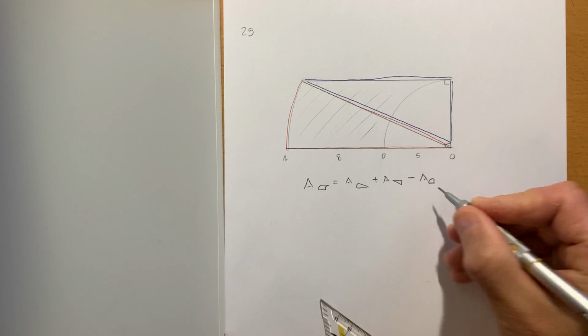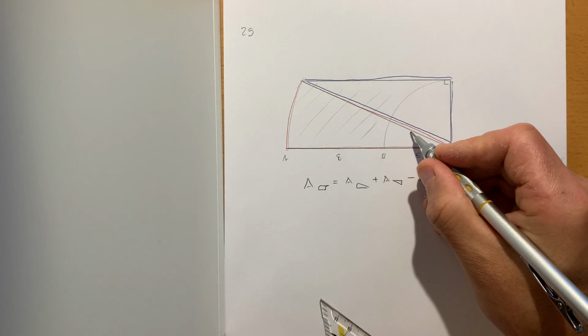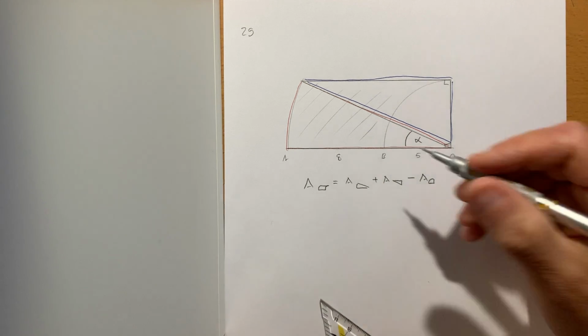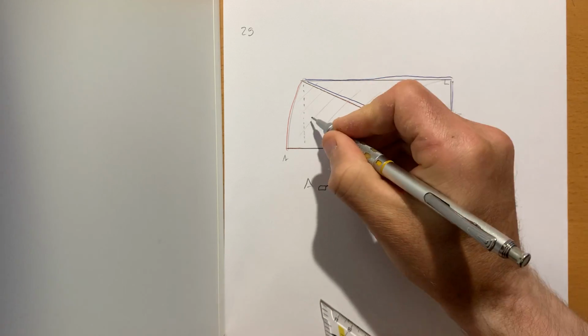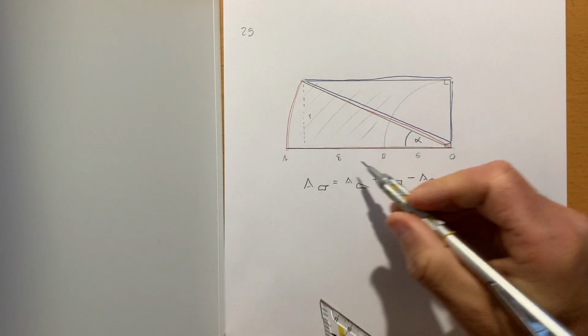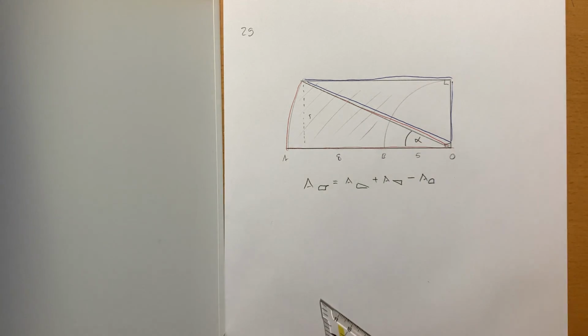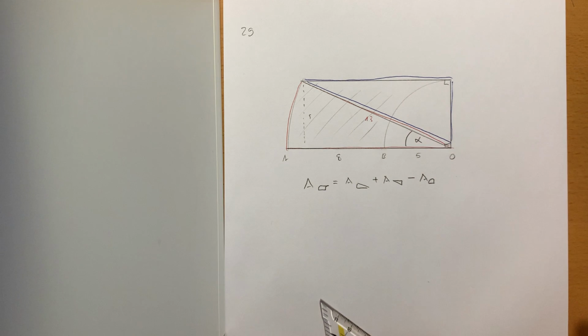of a circle. Okay, so for that we would need this angle alpha. That's quite easy because this is in fact 5, we know that. And we know this is 8 plus 5, it's 13. So the length of this line segment is 13 as well.